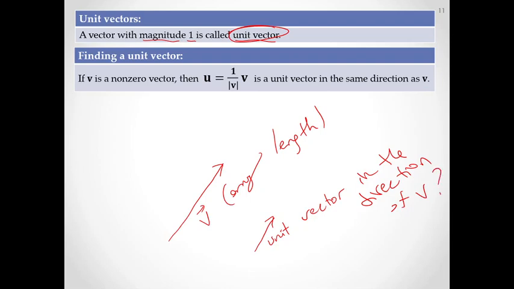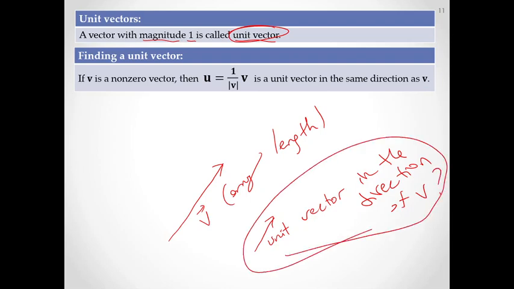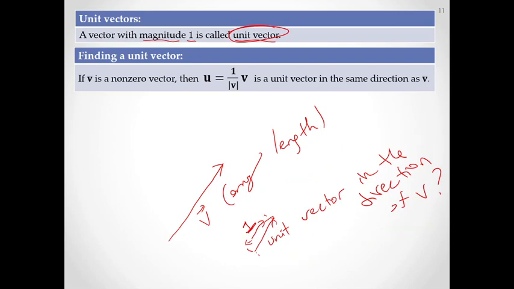How can I find the unit vector? Unit vector means its magnitude will be 1. The length of this vector will be 1, but the direction will be the same as v. So how can I get this one? This is the question.